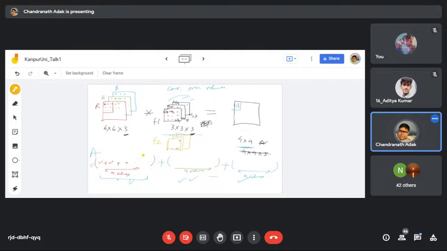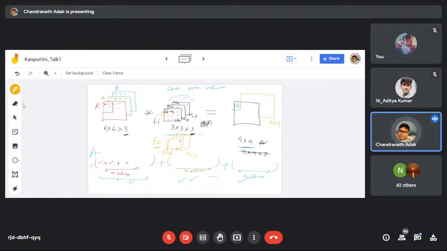Everyone please watch carefully. This is my filter 1, I have calculated W1 to W27. Then I am using F2, with W28 to W54. For this also I will get another 4 cross 4 matrix, right? Another 4 cross 4 matrix I will get.